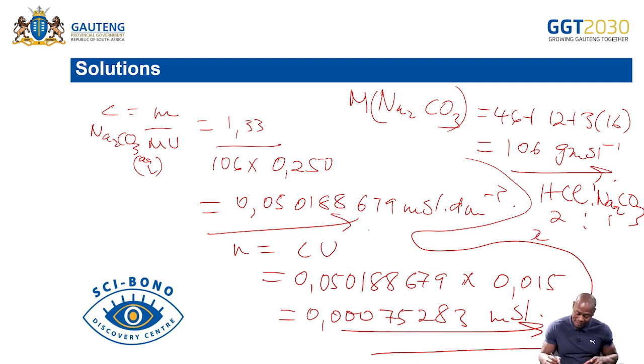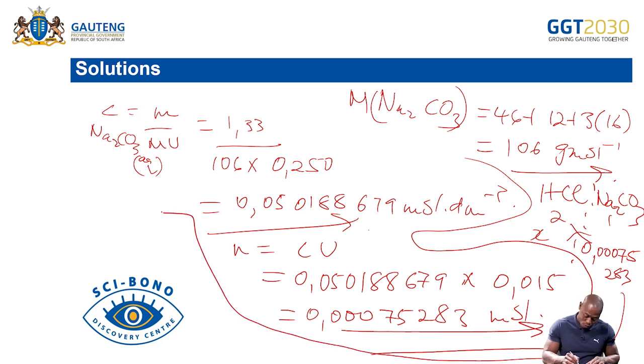I'm looking for the number of moles of hydrochloric acid, which is to the number of moles of sodium carbonate, which is 0.00075283. Cross multiplication, which means that the number of moles of hydrochloric acid, we multiply this one by 2, times 2, which is going to be what?